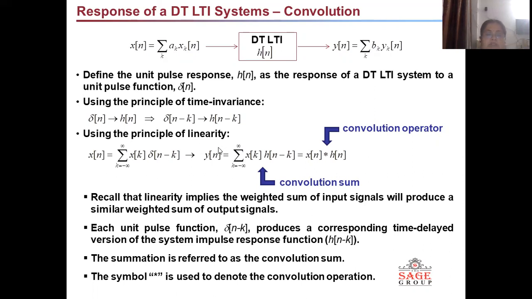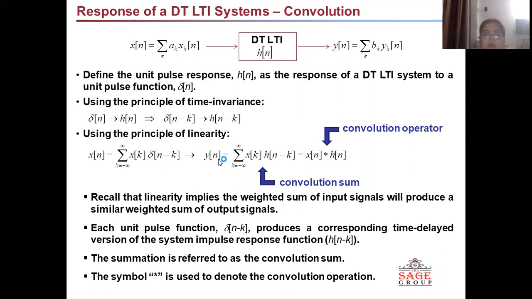Now the principle of linearity is represented as x[n], and we take the summation, as the signals are discrete time signals. k is the index parameter which varies from minus infinity to plus infinity, x[k] is multiplied with the impulse shifted by k.